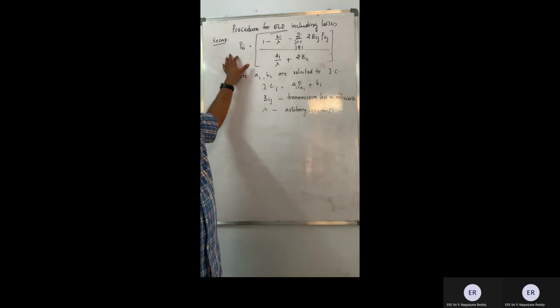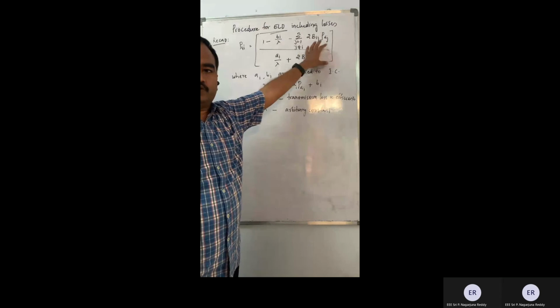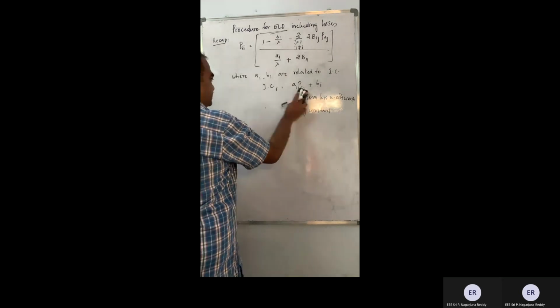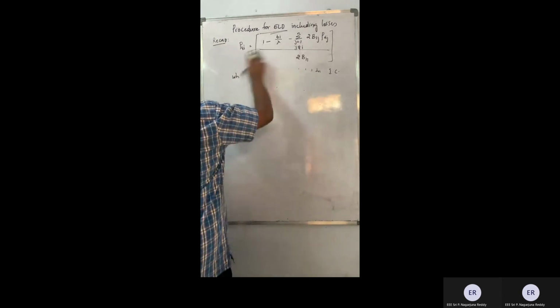See, if you carefully see, generation at any plant is dependent on generation at other plants. So we need to start with an estimate, initial estimate, and then we need to refine it, just as we have done in the case of load flow studies. Now let's see what is the iterative procedure for optimal load dispatch or economic load dispatch with the losses. Now we will go through the different steps, and finally we will solve a problem on ELD with losses.